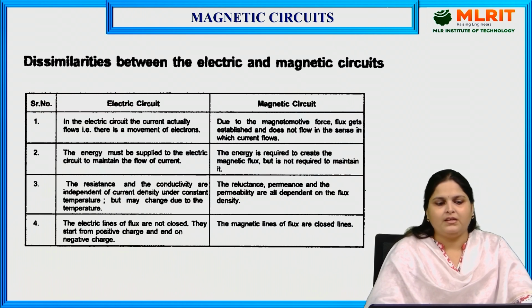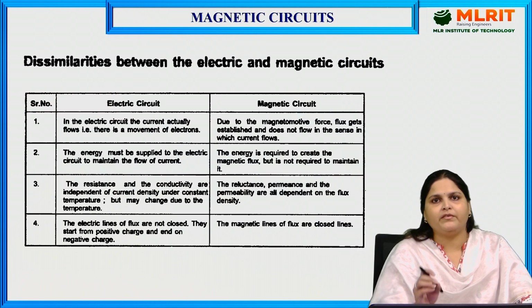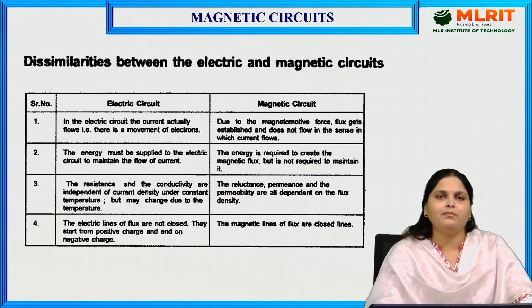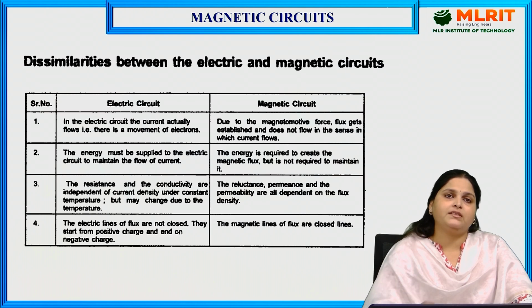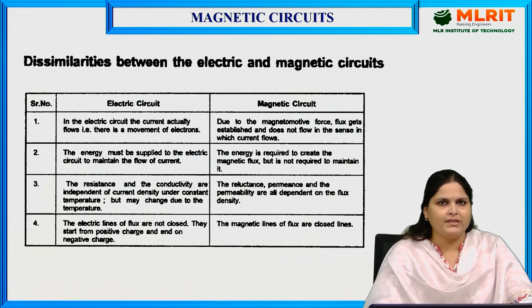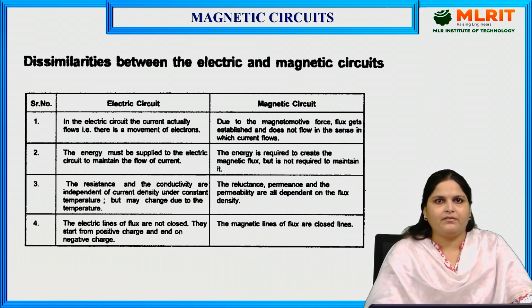The current which flows in an electric circuit, in a similar manner, flux does not flow, it is established in the magnetic circuit. In an electric circuit, energy must be supplied to maintain the flow of current. But in a magnetic circuit, energy is required to create the magnetic flux, but it is not required to maintain it.